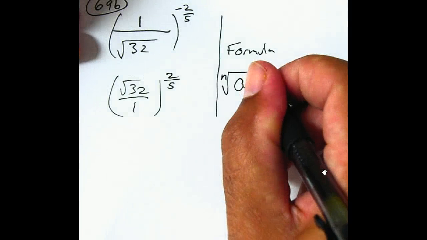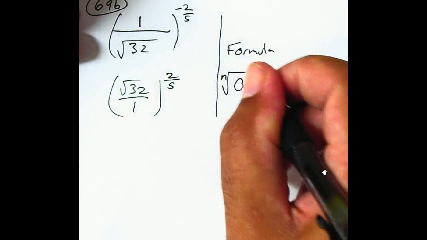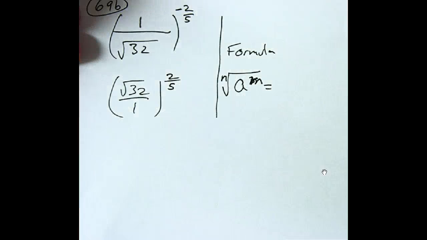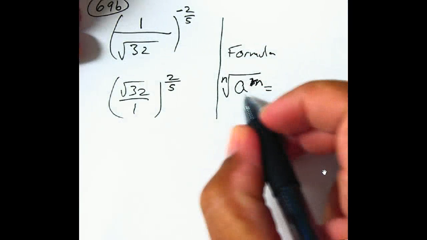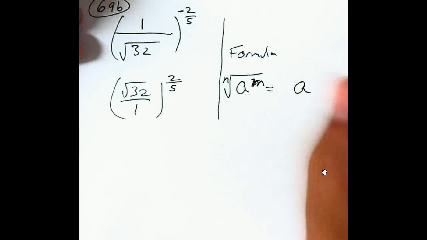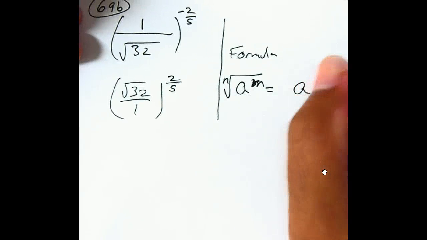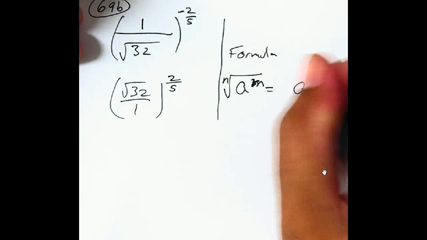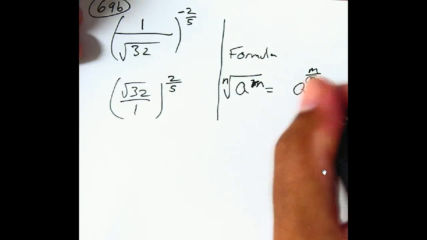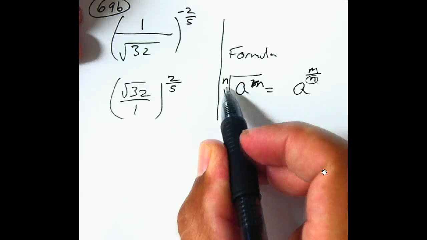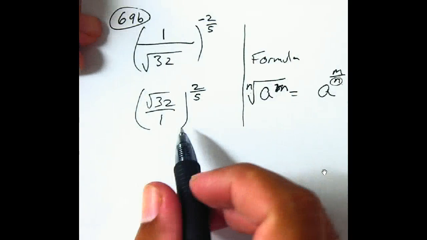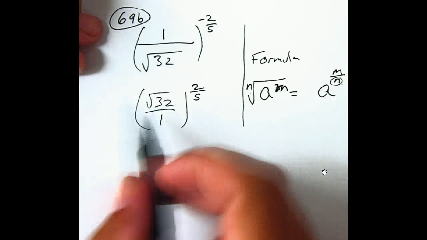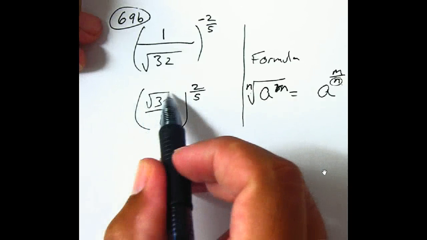Oh, sorry, let me make this letter M. Okay, and the relationship is that you can rewrite this expression as a to the power m over n, where n is the root. So let's come back to the problem here, and what I'm going to suggest is for you to rewrite that square root.